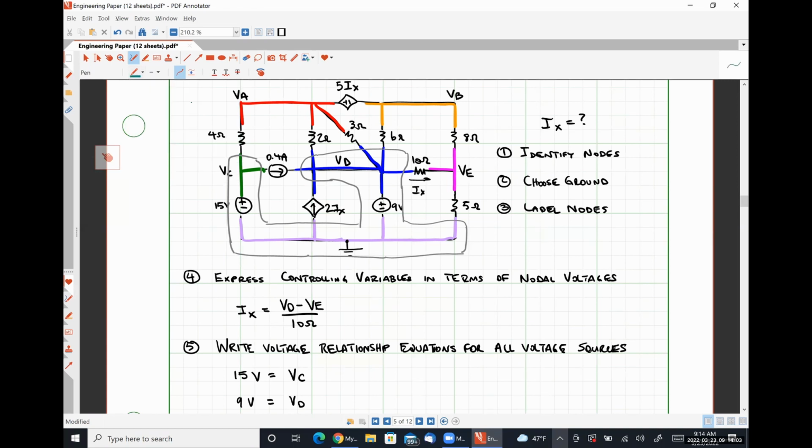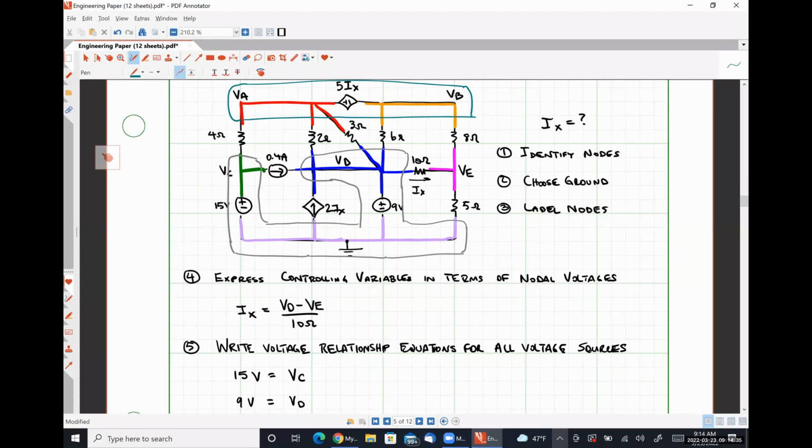And then we have a super node formed between nodes A and B because there is a voltage source connected between nodes A and B, okay? All right, so here's something that students seem to miss a lot, so I want to state it very explicitly.